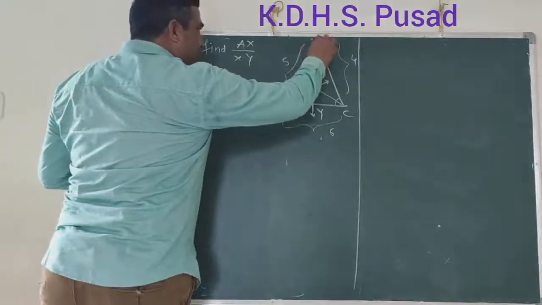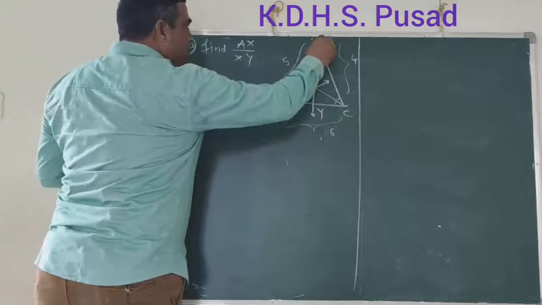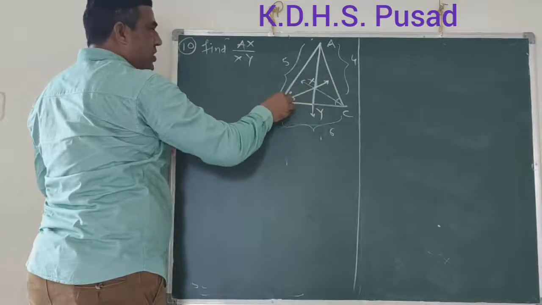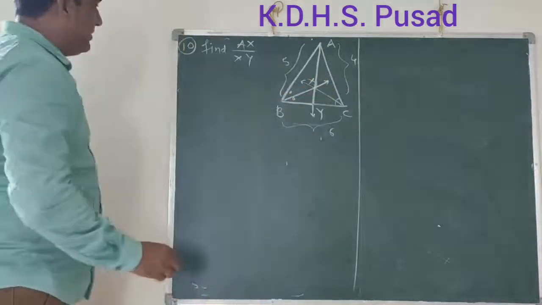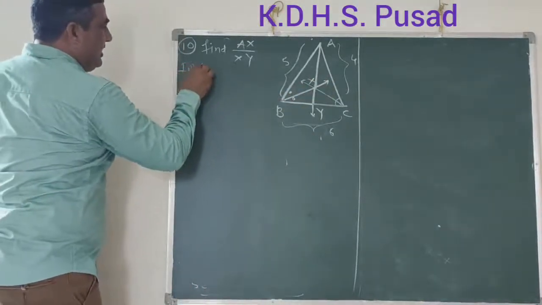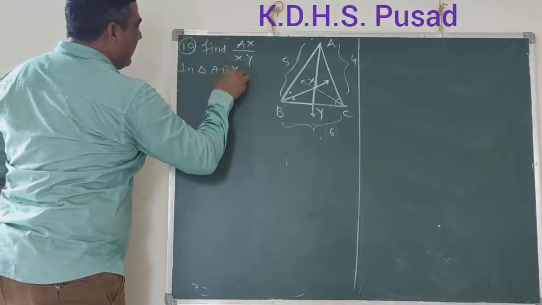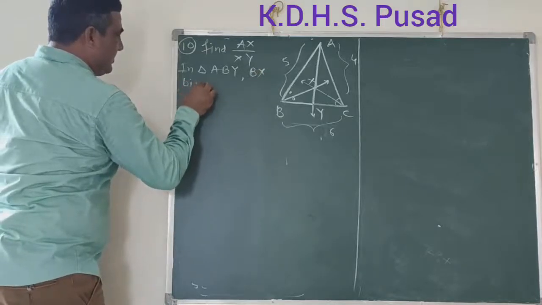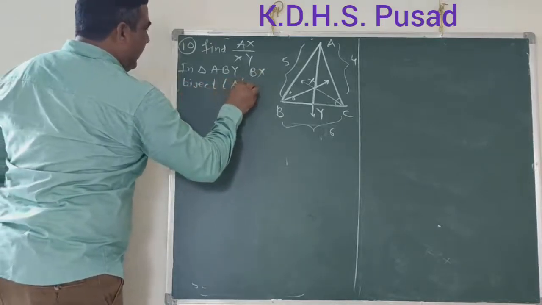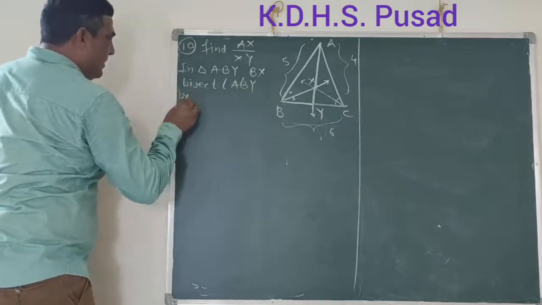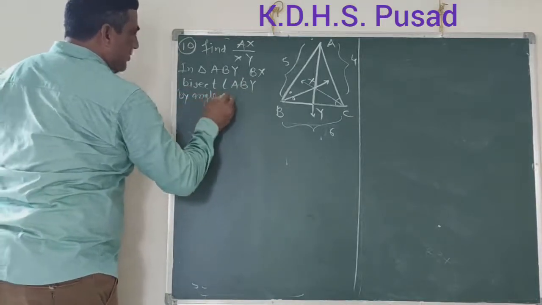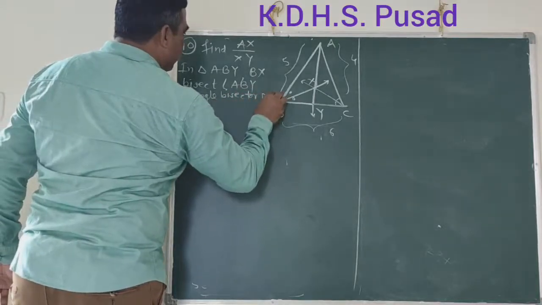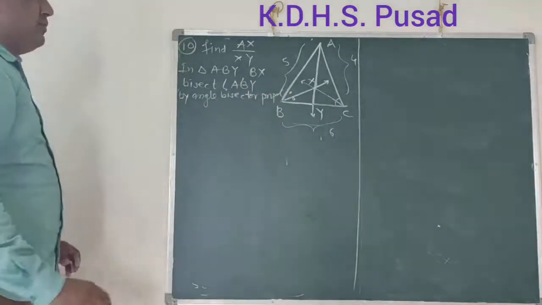Consider this half portion only. What is BX? Angle bisector. So in triangle ABY, BX bisects angle ABY. By angle bisector property, what will you get?